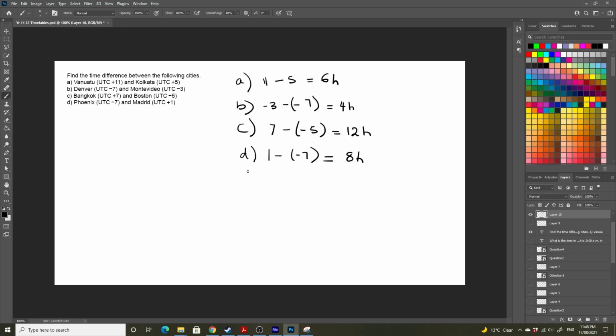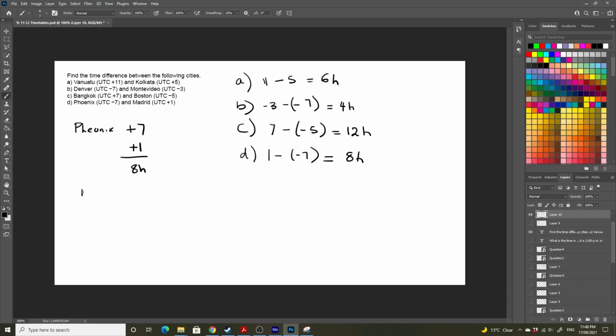But we can see that an easy way to think about this is to compare everything back to UTC. So for Phoenix, to get back to UTC, it's at -7, so we have to add 7. And then Madrid is UTC +1, so we'd have to add another hour, which is 8 hours. And we can do this for every single one as well.